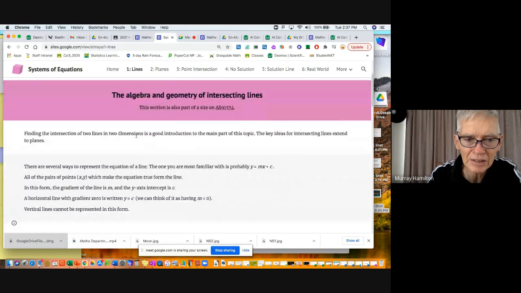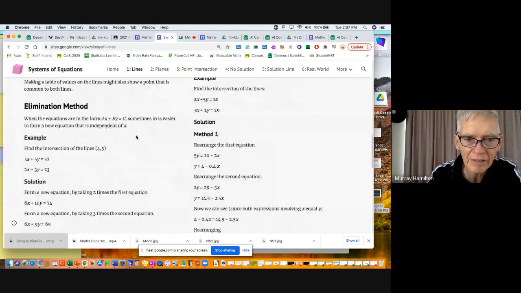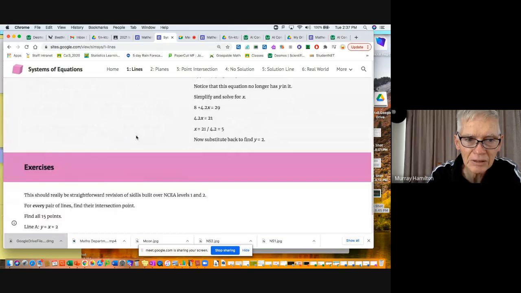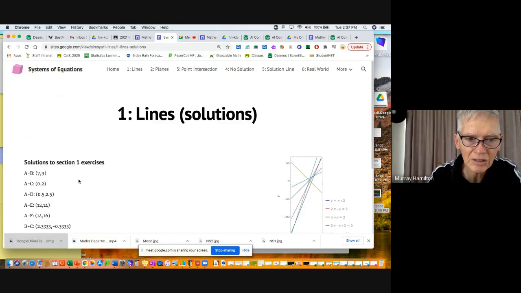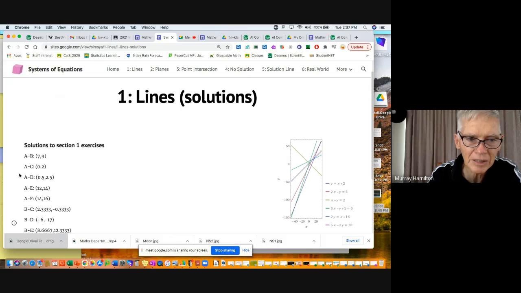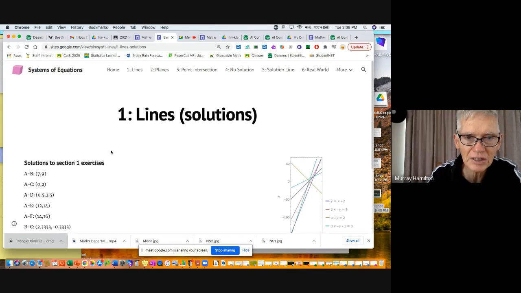You can read through that, and then it's got exercises. For every pair of lines, find the intersection points, all 15 points. So line A and B, line A and C, and so on. Then you can check your solutions: the line A to B, A to C, A to D, and so on. It's got all the solutions there for you to check your work.